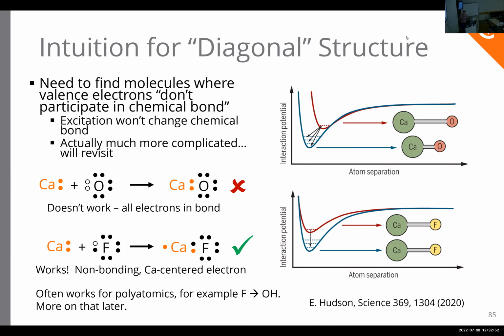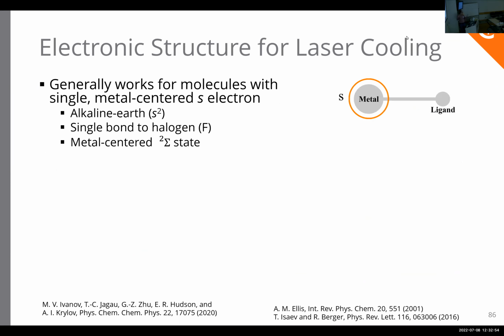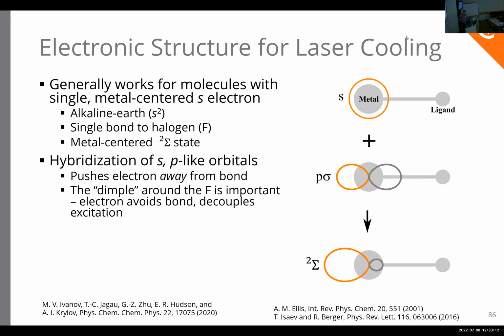If you look in a little more detail at some of the quantum mechanics going on, we saw this before, just to remind you, you get this metal-centered s electron from your s2 metal, single bond to fluorine, and you end up with this metal-centered doublet sigma state. And what really happens, one of the few times in science where when you dig into the details, everything works out better than your initial guess.